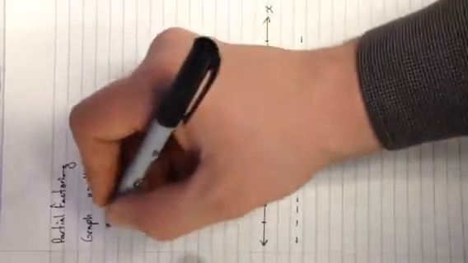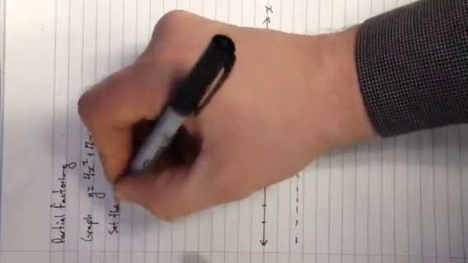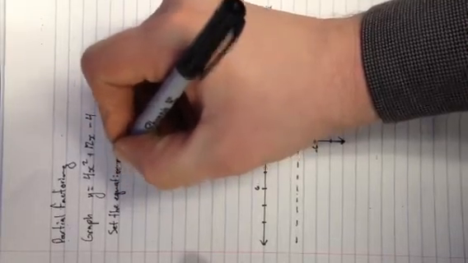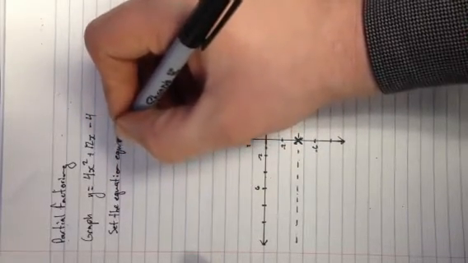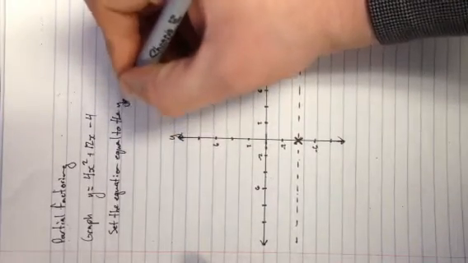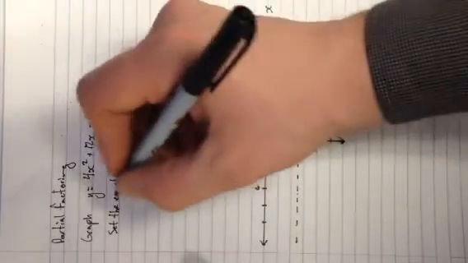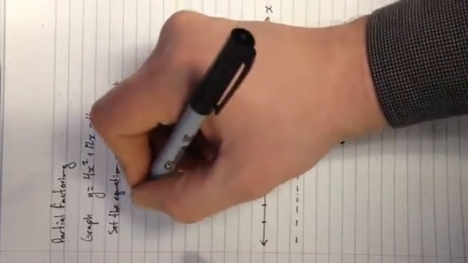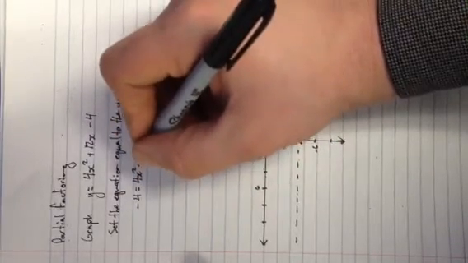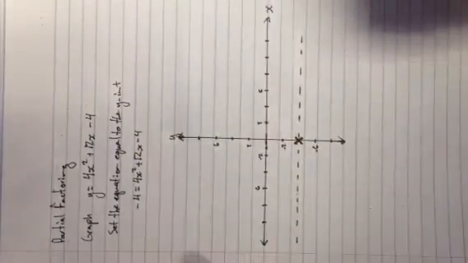So step 1, we set the equation equal to the y-intercept. In our case, in doing that, we would have negative 4 equals 4x squared plus 12x minus 4.